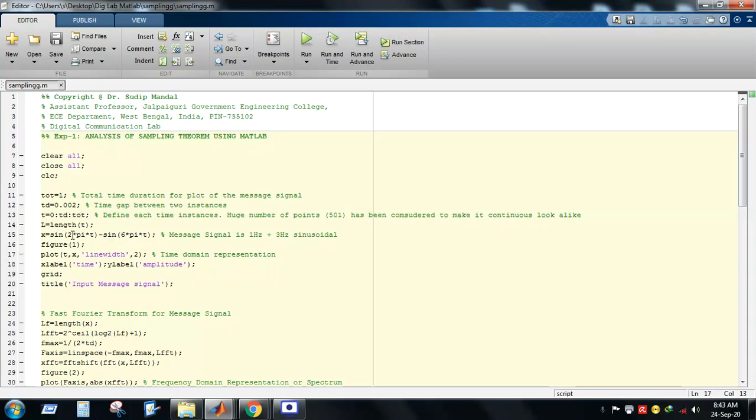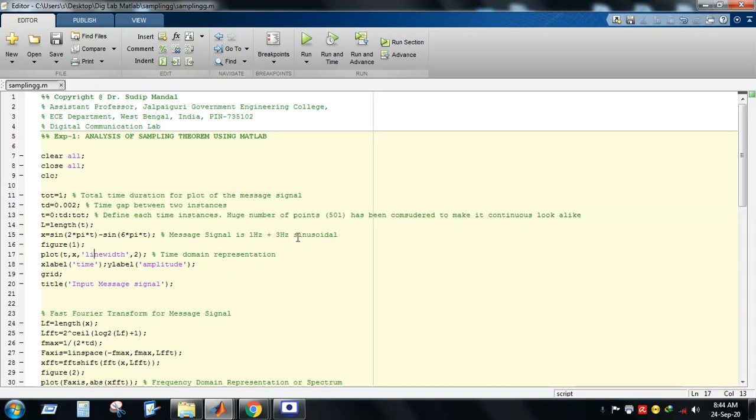You can see that the frequency of the first part of the signal is 1 hertz, and the frequency of the second part is 3 hertz, as in sine 2 pi f t, where f is the frequency. So in this message signal there are two parts: one is a 1 hertz sinusoid, and another is a 3 hertz sinusoid.